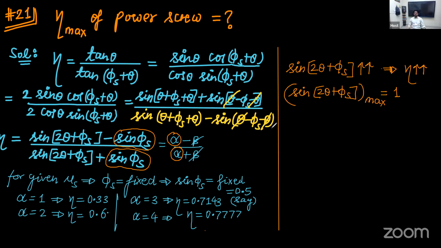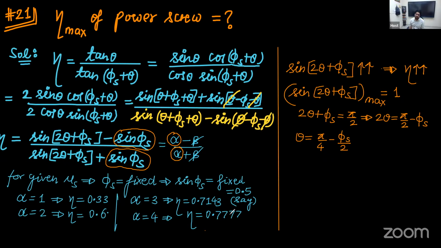Any sine function can have a maximum value of 1, and that happens when the angle becomes pi by 2. So I get 2 theta equal to pi by 2 minus phi s, so theta is equal to pi by 4 minus phi s upon 2.